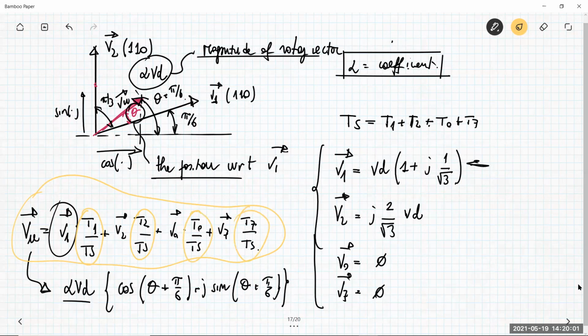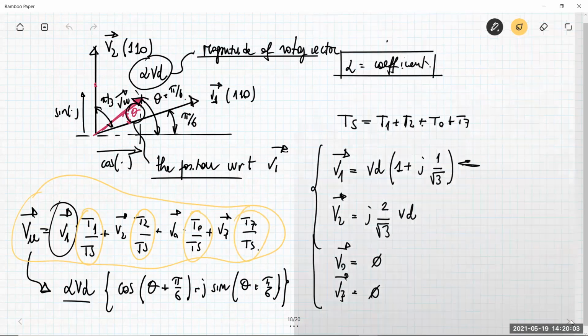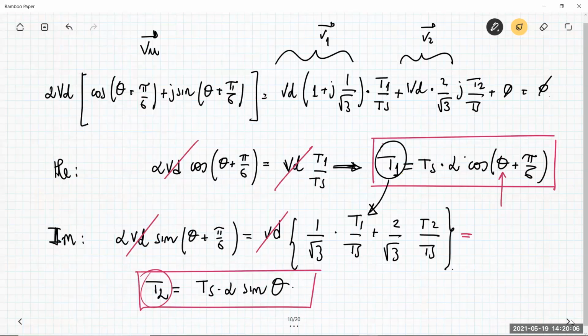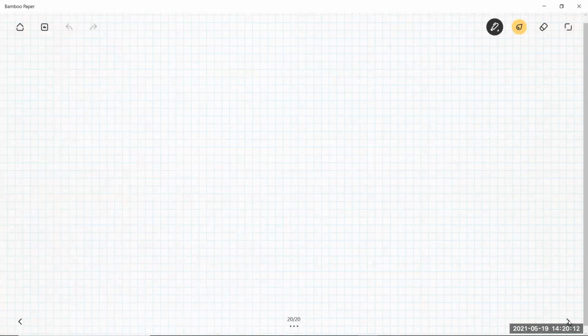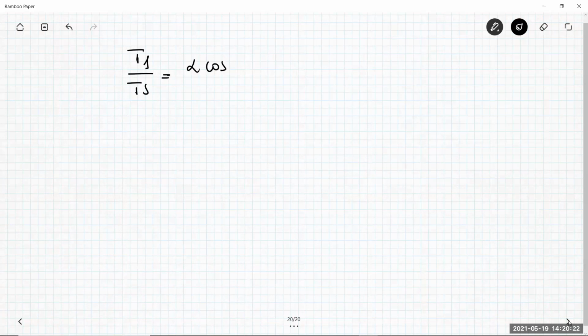So let me express this quantity by T1 over Ts, T2 over Ts. So I have that T1 over Ts is given by alpha cosine of theta plus π/6.